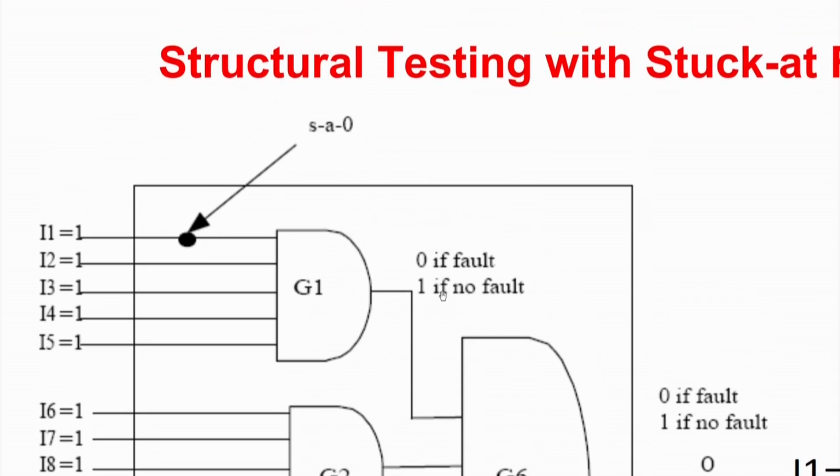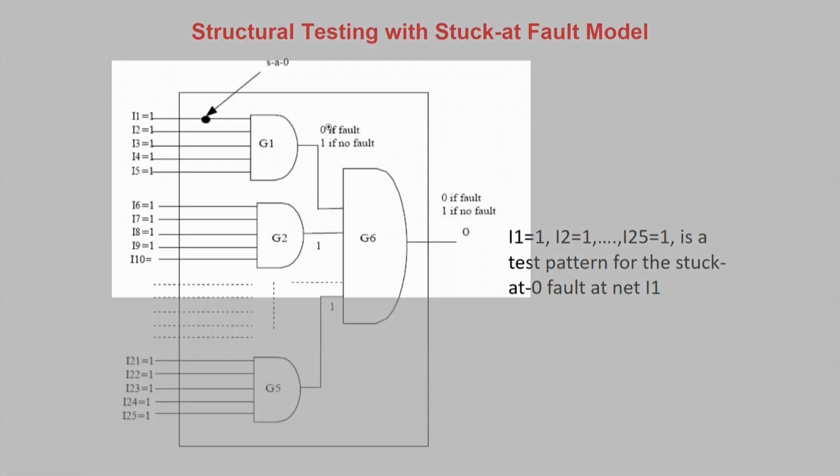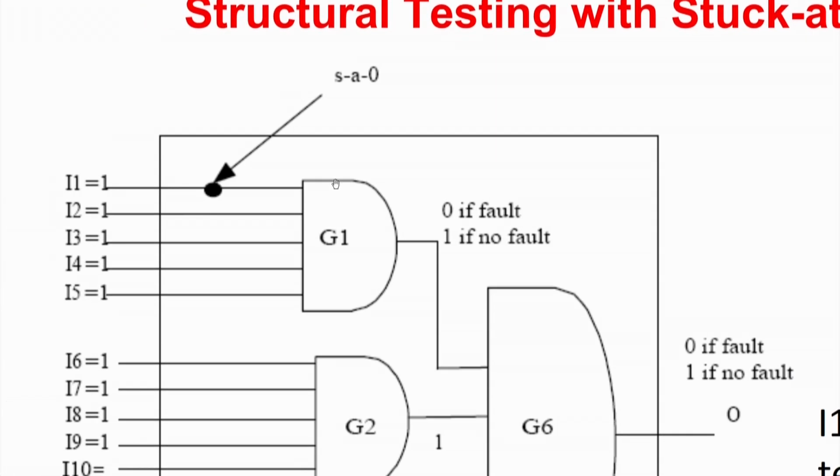So assuming that I have to do testing of this AND gate, you have to check that none of these lines has stuck-at 0 or stuck-at 1. So individually, you have to take one line at a time. Assuming this is the first line you are taking, and it is assumed to be stuck-at 0, what you have to do is apply a 1 over here. If this line is normal, 1 will pass over, and if the line is stuck at 0, it will be a 0 effect.